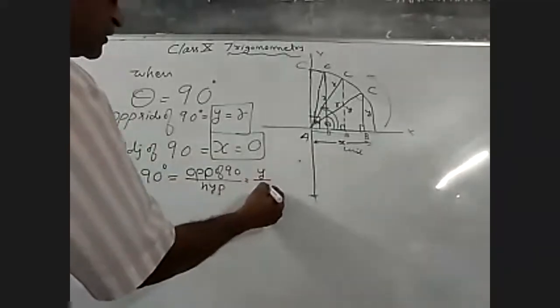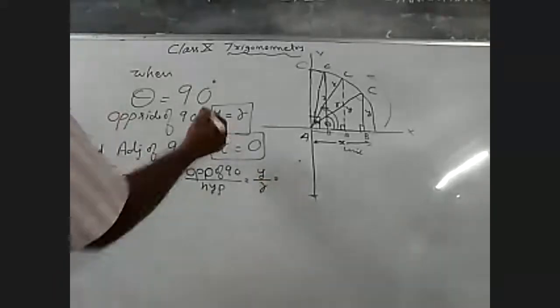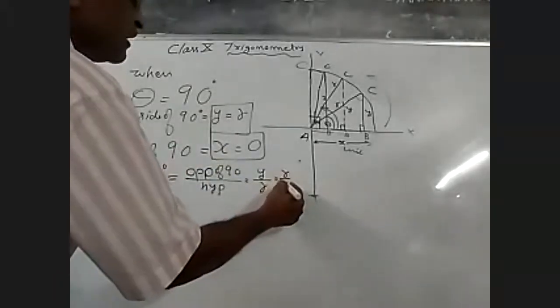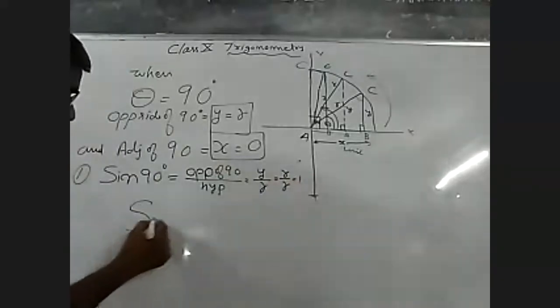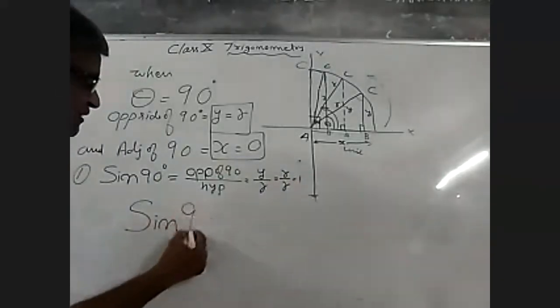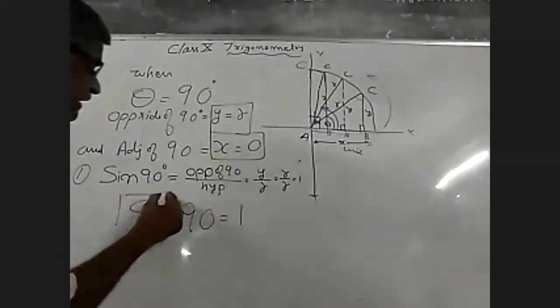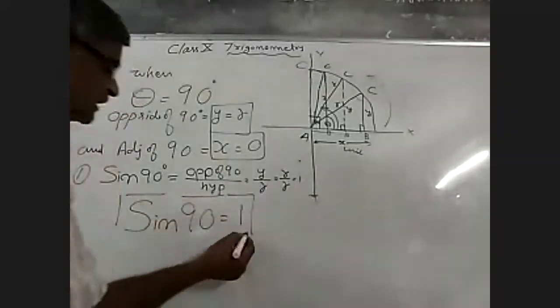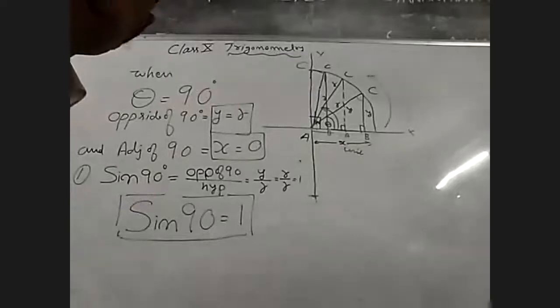What is the hypotenuse? r is the hypotenuse. Now in the place of y you write r. r by r is equal to 1. Therefore sin 90 is equal to 1. Write down in your notebook: sin 90 is 1.